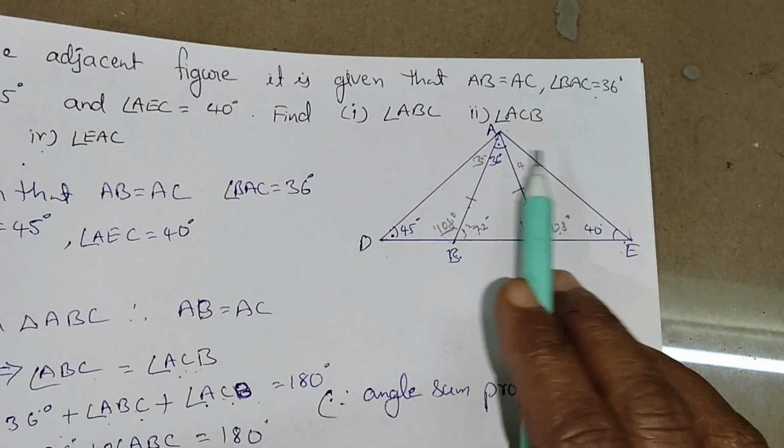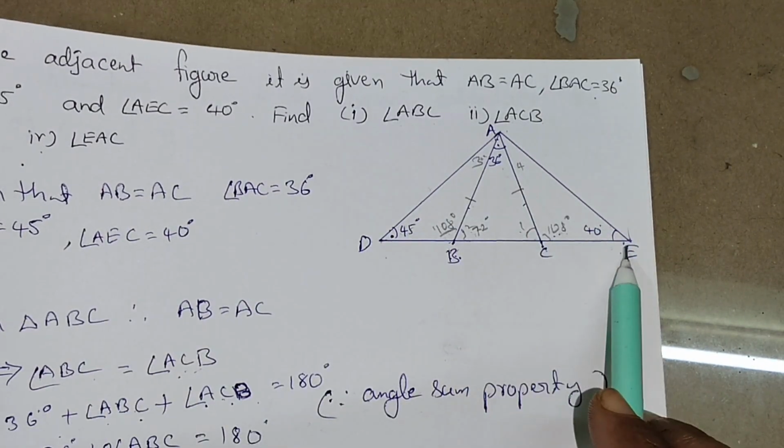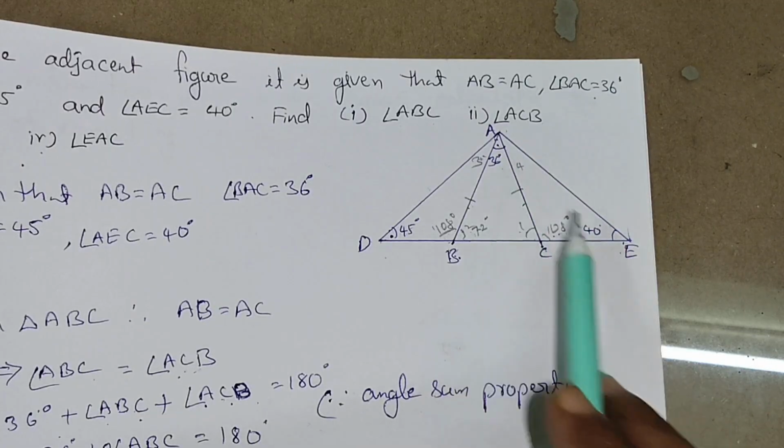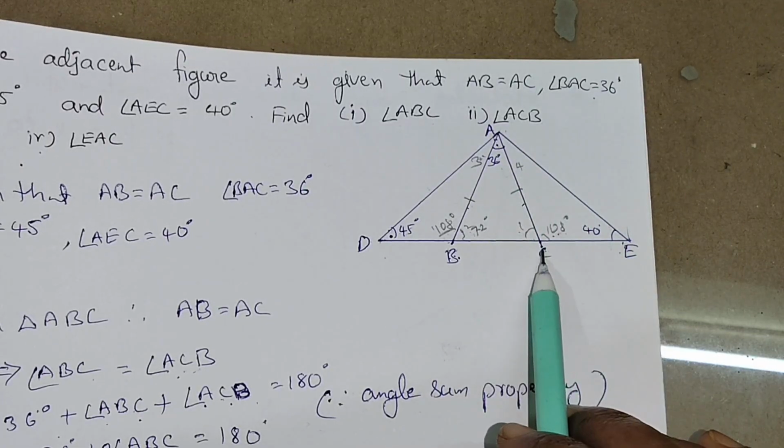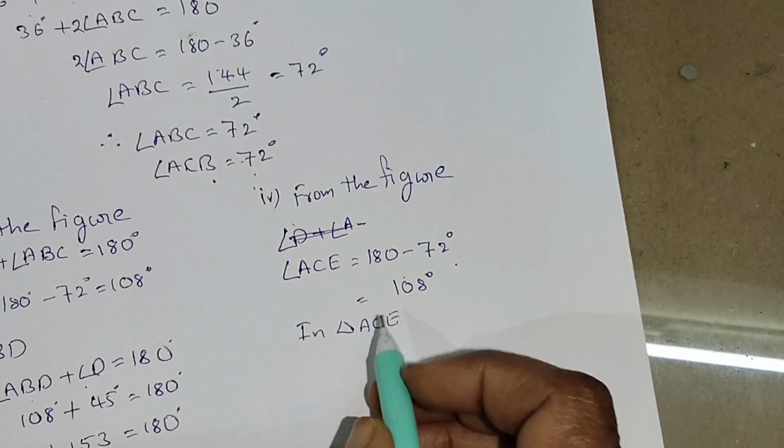So in triangle ACE, we have three angles. The sum of these three angles, angle ACE, CEA, and CAE, is equal to 180.